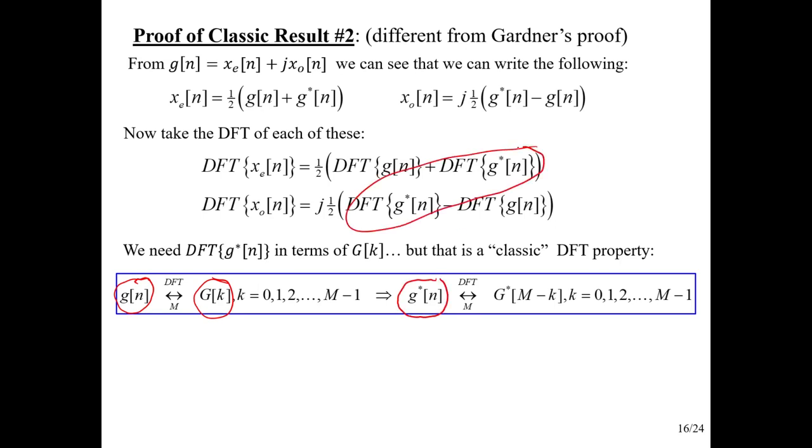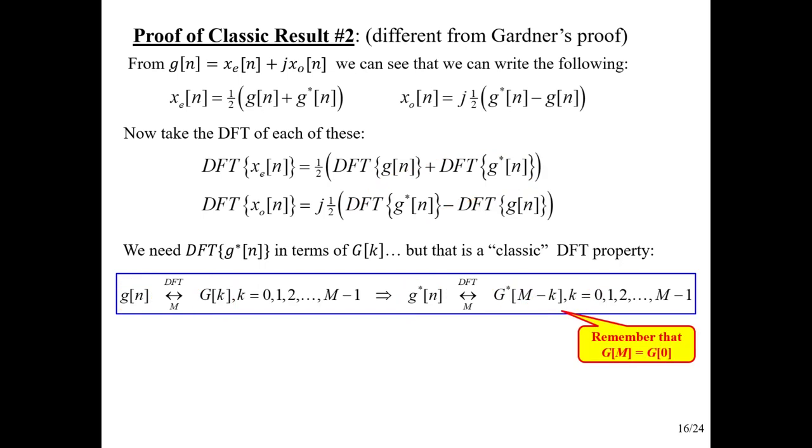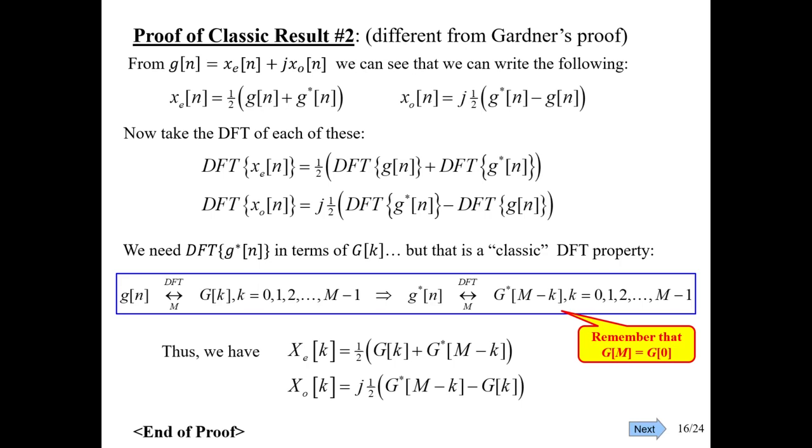That's going to be what this thing is. Well, it turns out it's just the conjugate of the DFT indexed backwards. Again, remembering that when I plug in k equal to 0, that's really just G of 0 as well. Okay, so with that result, we end up getting what I claimed. So there we have it.